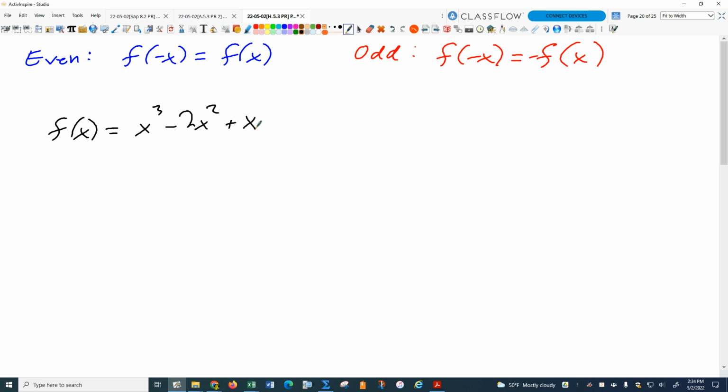So all we have to do is plug negative x in for x and see if either one of these two things happens. What's f of negative x? If f of x equals x cubed minus 2x squared plus x, what's f of a?